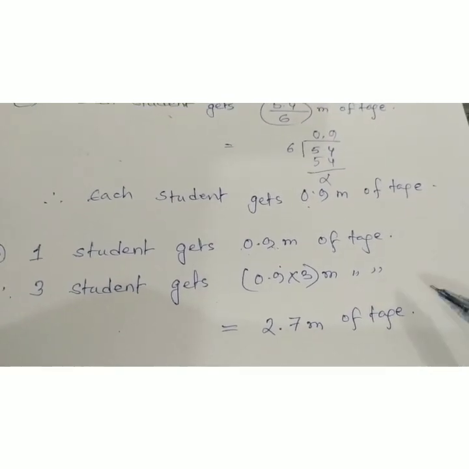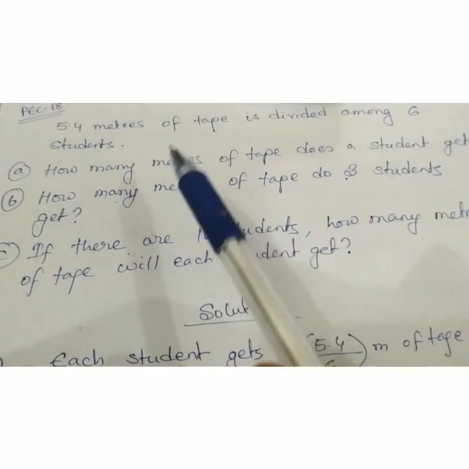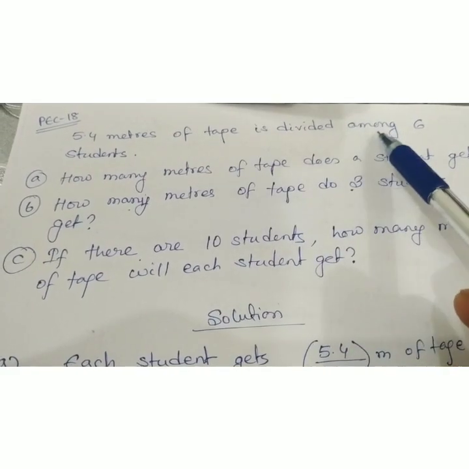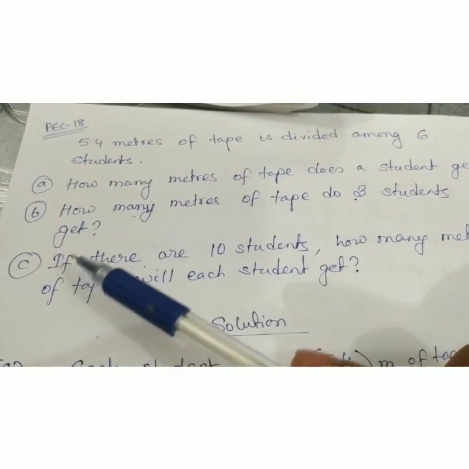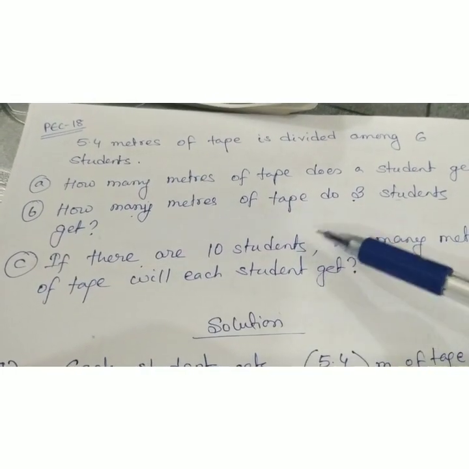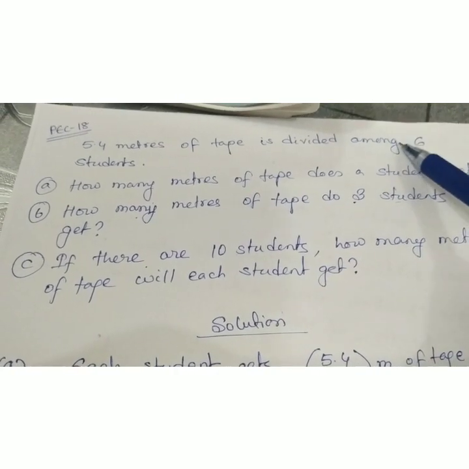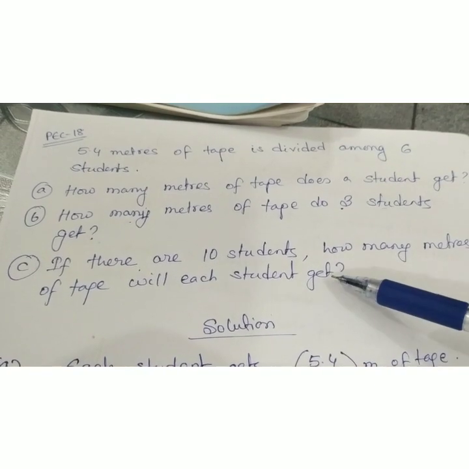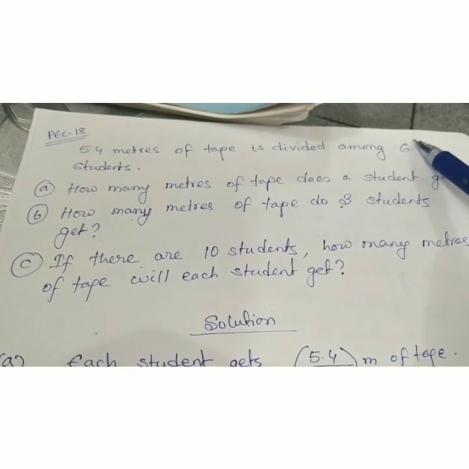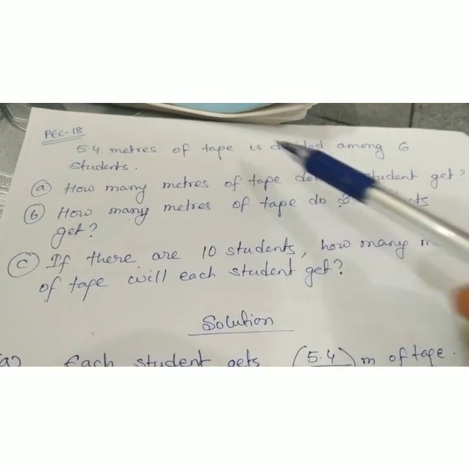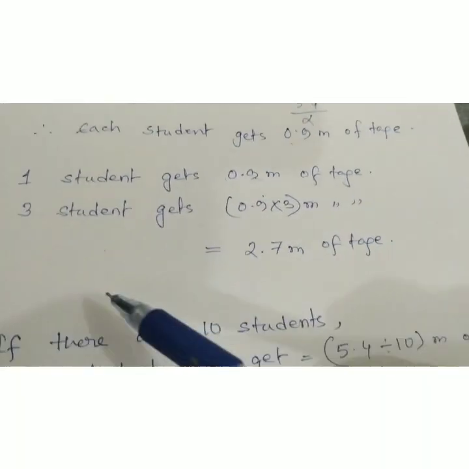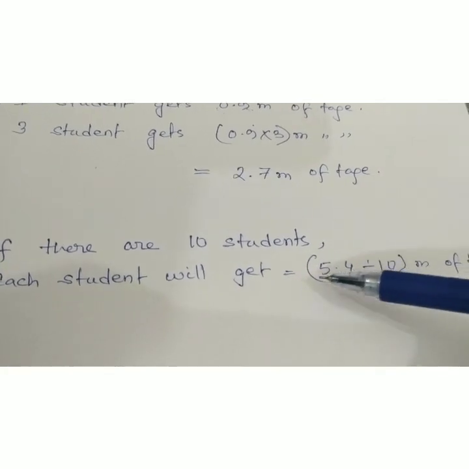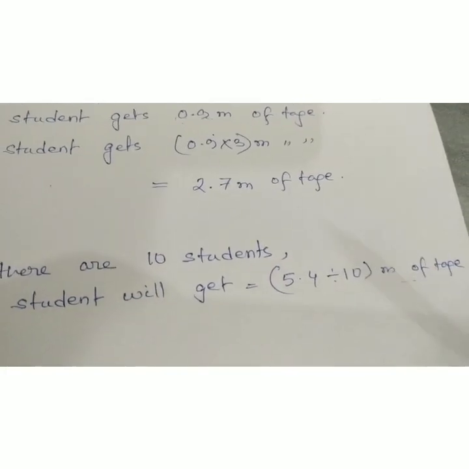Okay, very easy. Finally, the final question was, in the stem it was provided 6 students, right? But now the question is, if there are 10 students instead of 6 students, how many meters of tape will each student get? So just instead of 6 you consider 10 and divide. Each student will get 5.4 divided by 10 meters of tape.